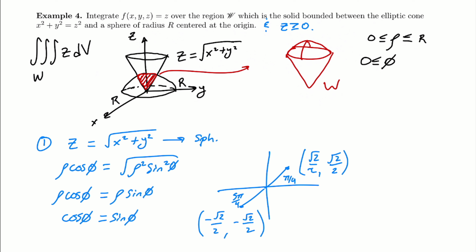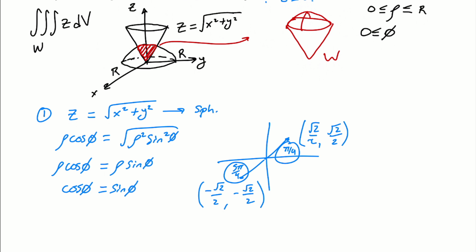But since phi's maximum range is 0 to pi, this 5 pi over 4 is outside our range, so the only value of phi between 0 and pi where this is true is pi over 4.